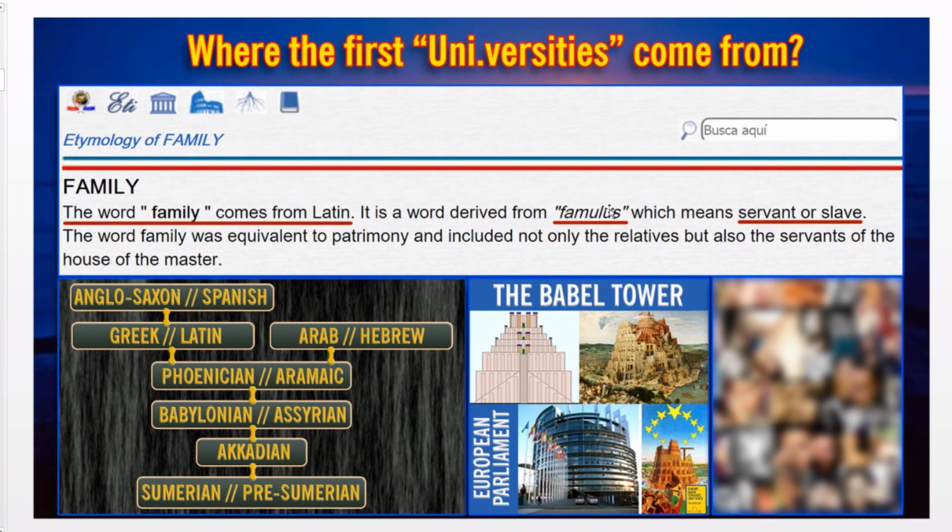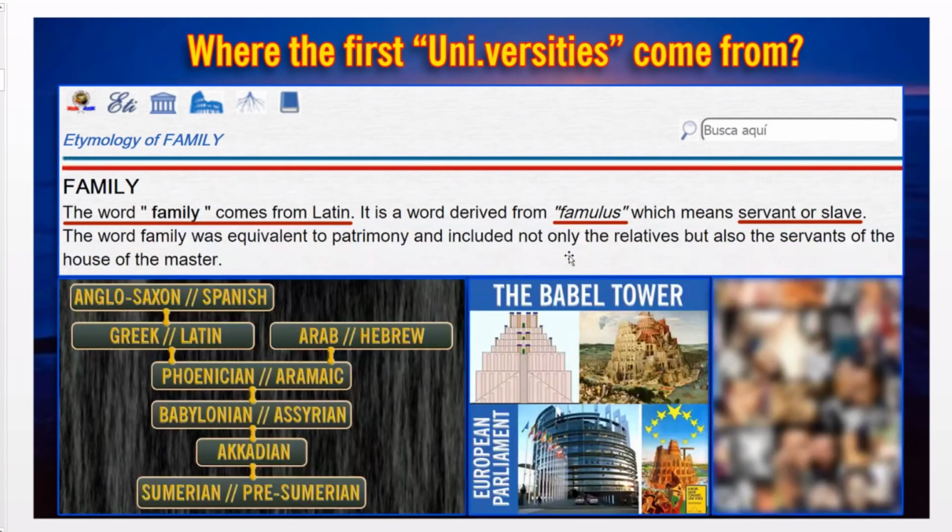It's like when you go back in time to the Roman Colosseum, and you have that guy who was a famulus fighting for entertaining the people. Well, that same symbology is our musicians or actors in Hollywood.